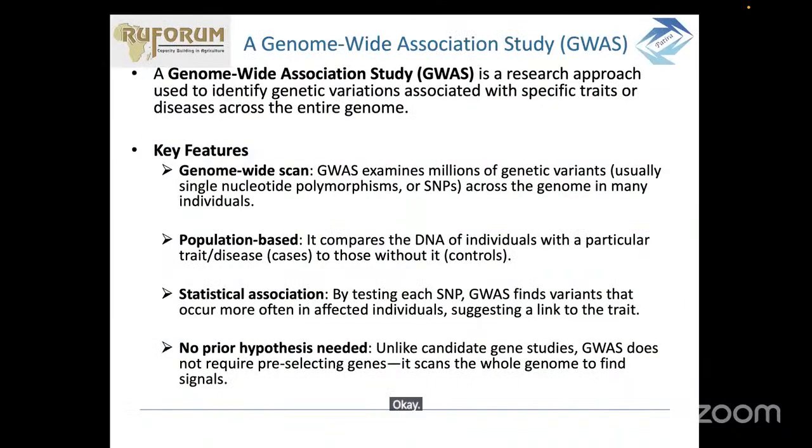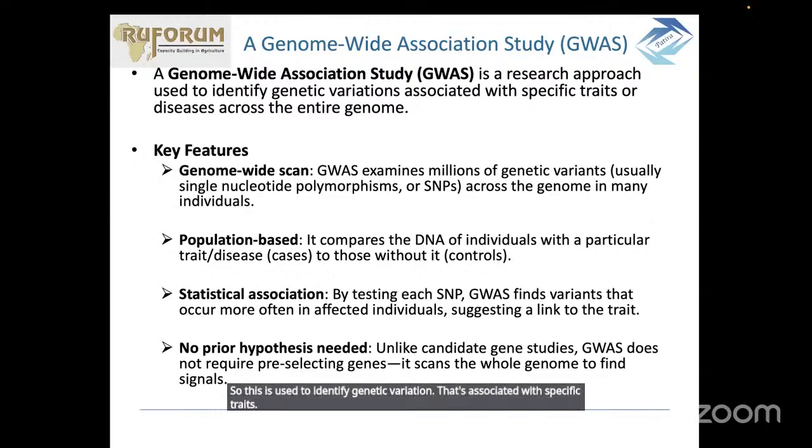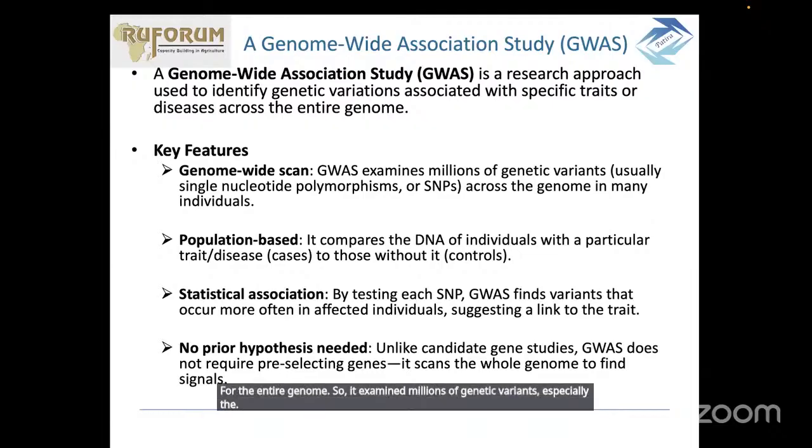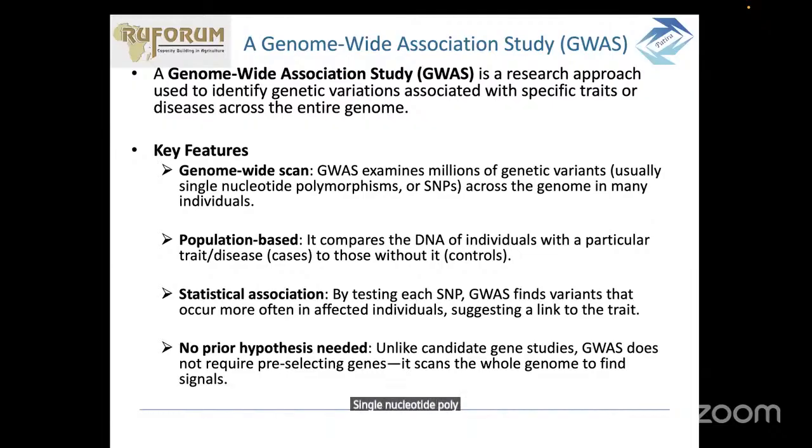So this now brings us to the genome-wide association study. This is used to identify genetic variation that's associated with a specific trait across the entire genome. So it examines millions of genetic variants, especially single nucleotide polymorphisms. We're going to talk about that.